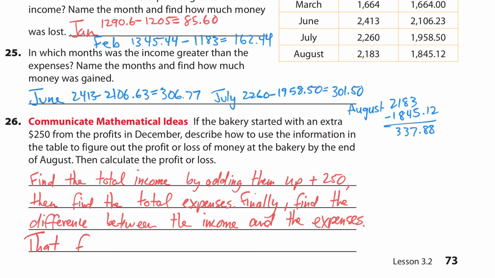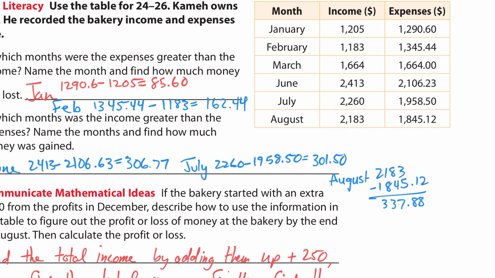And that final number is $948.11. So I don't want to do that whole thing. That's a long process, but add all these up plus 250 and add all these up and then subtract them.